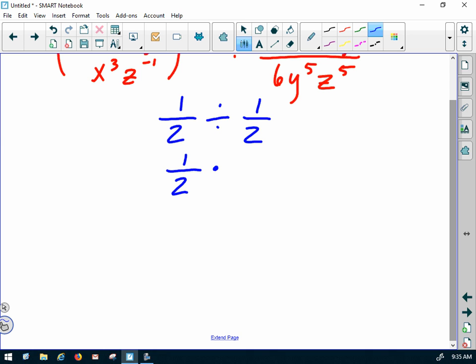The reciprocal means the numerator becomes the denominator and the denominator becomes the numerator. So this is the same as 1/2 times 2 over 1, which is 2 over 2, which is 1. Because that makes sense, half of 2 is 1.